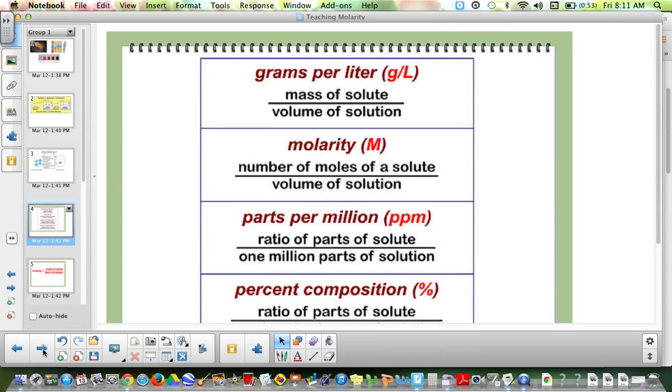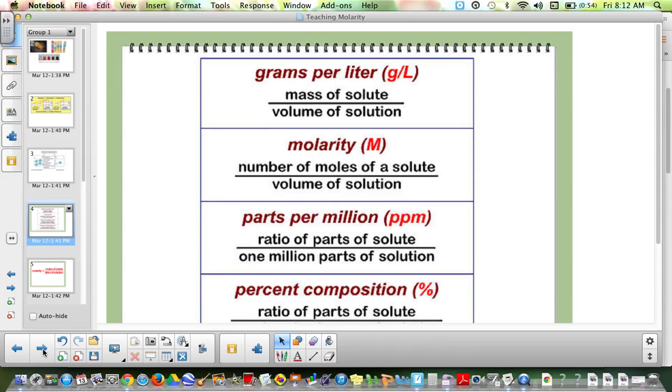Another thing I could have done is measure the moles of Kool-Aid. Now, am I going to count 6.02 times 10 to the 23? No. What I would do is figure out the chemical formula for Kool-Aid, calculate the molar mass, and then mass the Kool-Aid. I would do a mole conversion problem to figure out moles per liter.